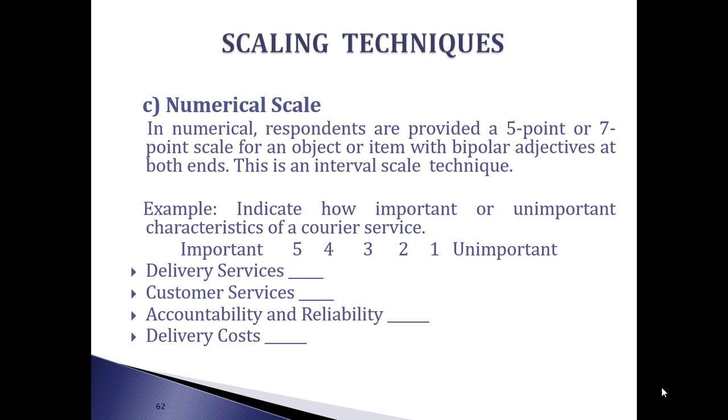For example, indicate how important or unimportant characteristics of courier services are. Here, an important to unimportant point scale is given for items or objects such as delivery services, customer services, accountability and reliability, delivery costs.